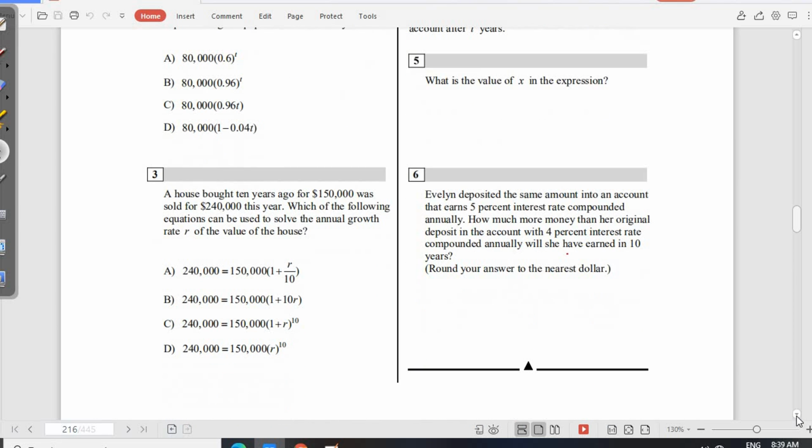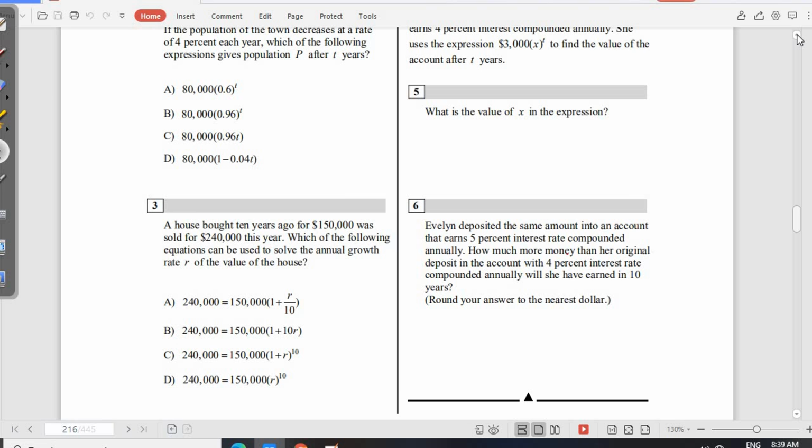All right, let's look at number 6. Evelyn deposited the same amount into an account that earns 5% interest compounded annually. How much more money than her original deposit in the account with 4% interest rate compounded annually will she have earned in 10 years? Round the answer to the nearest dollar. So if Evelyn deposited this in an account of 5%, what we'll be having will be 1.05.